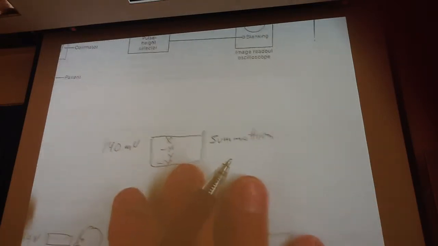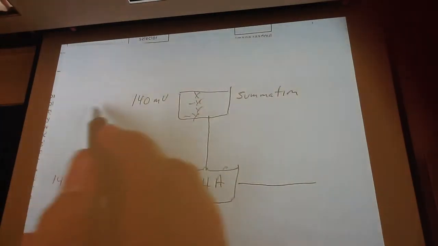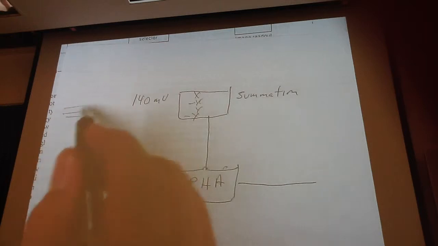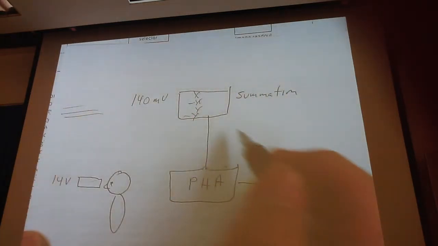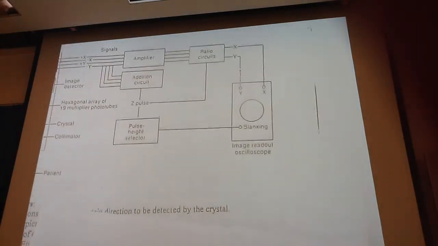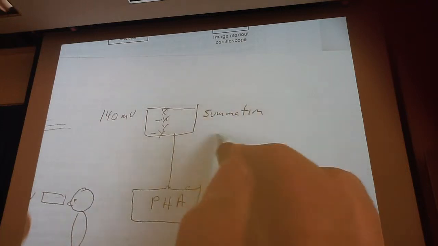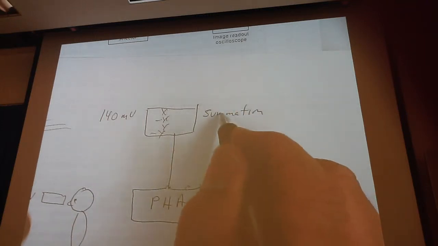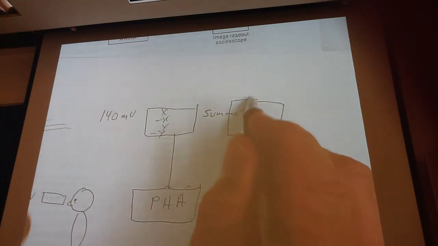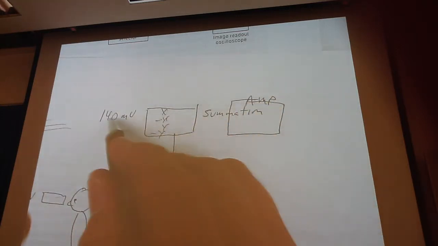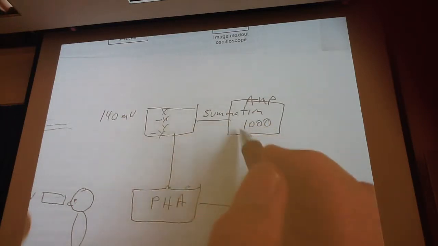Back here for just a sec. So now all of a sudden I get something that comes in that's 280 volts. Let me go back over here. Summation circuit, and then we have the amplifier. Let's say that the amplifier multiplies this by a factor of 10,000.